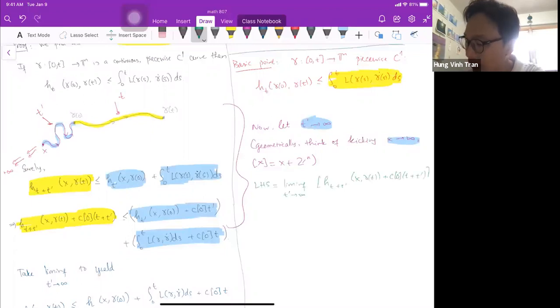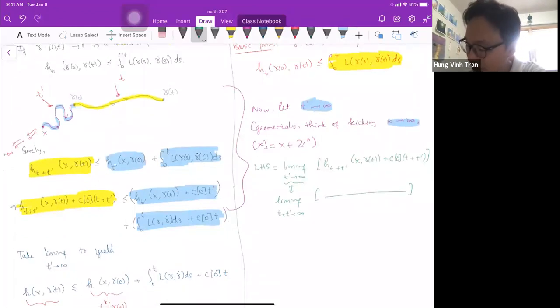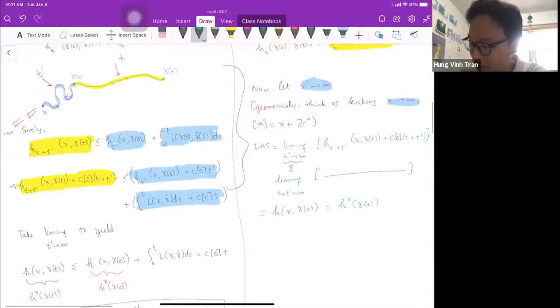But the lim inf as t prime goes to infinity is the same as the lim inf as t plus t prime goes to infinity. So the left-hand side gave me nothing but the Peierls barrier of going from x to gamma t, which is h_x(gamma t). So that's the left-hand side, very naturally. That's exactly the term that I'm highlighting here on the left panel.